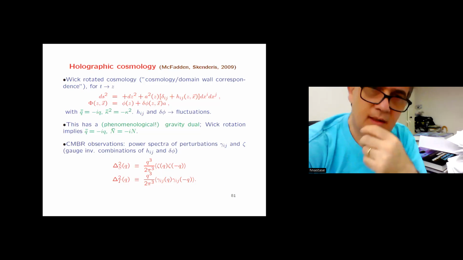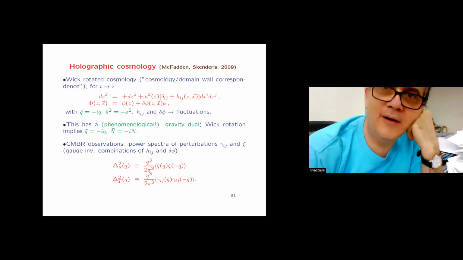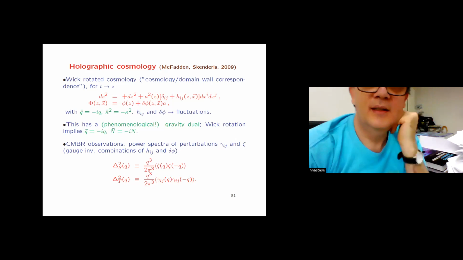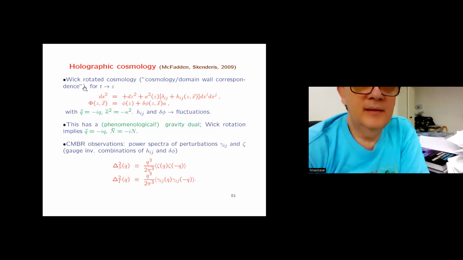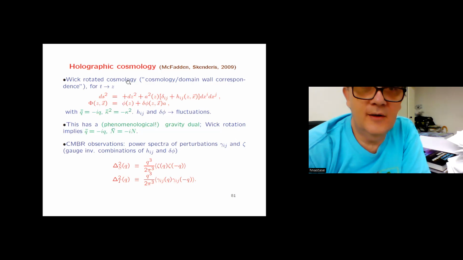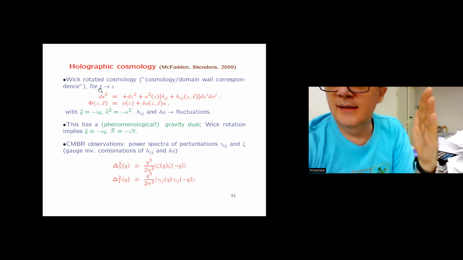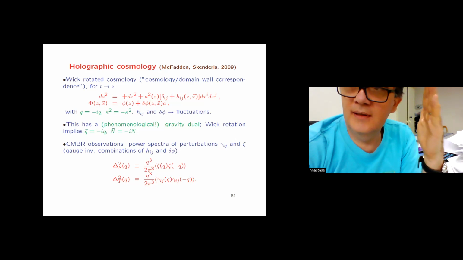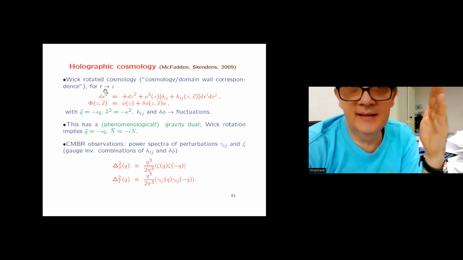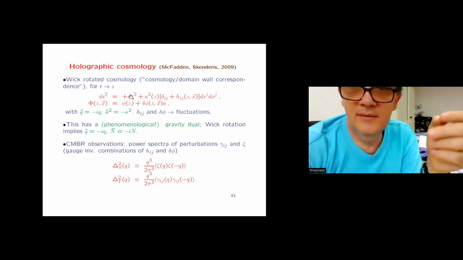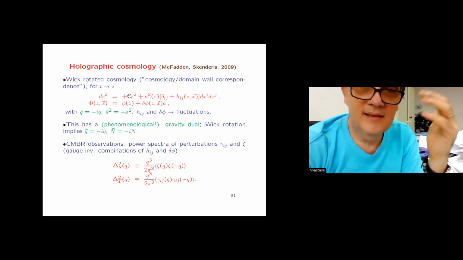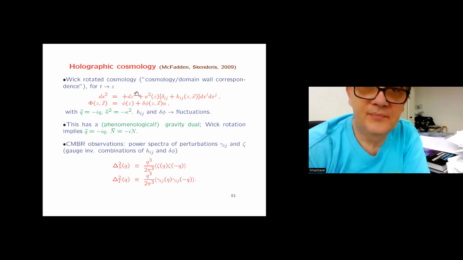All right. So what is holographic cosmology? As we said, when one has to Wick rotate the cosmology, we Wick rotate the time direction to a radial direction. I'll call it Z here. Basically it's 1/r from before.